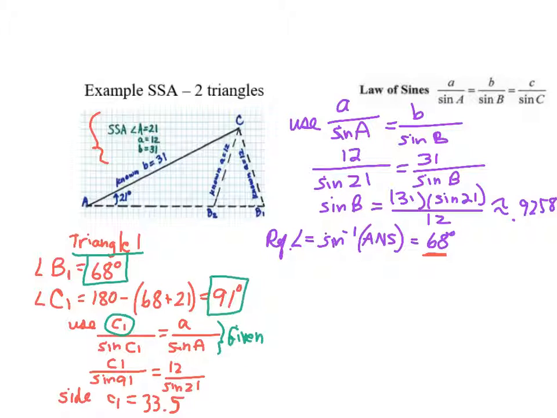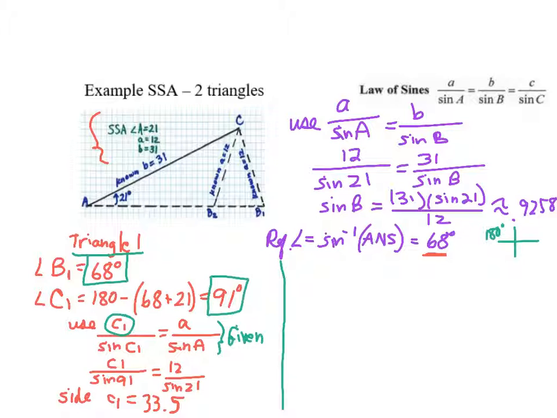But we are not done, because that is only one of the possible answers. Remember, whenever we do inverse sine of a positive, we have a possibility that it could be in quadrant 2. Now, we often get mixed up because there's a couple of 180s hanging around here. We already used the 180 to find the third angle in the triangle, but this is the quadrant 2 180.